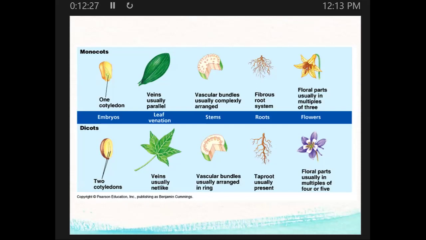With dicots, they have a ring of vascular tissue, and many dicots can form true wood in their stem. Monocots tend to have more of a fibrous root system, where most of the roots are about the same size. Many dicots, not 100%, tend to have a central taproot that's a little bit bigger and more prominent, and then a bunch of lateral roots that are usually smaller.